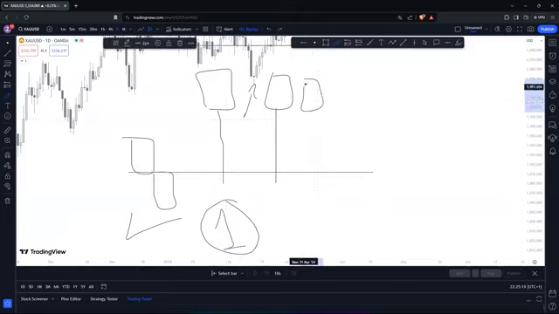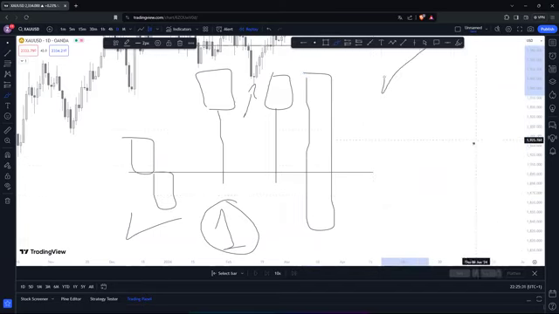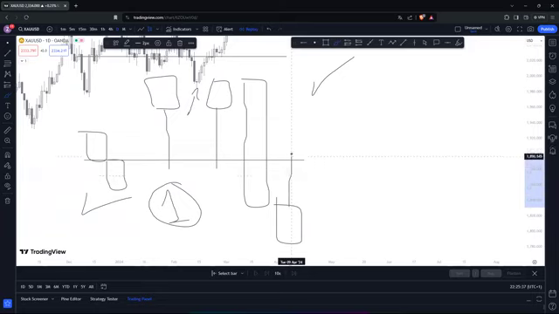Now, if price keeps just wicking it 100 times, it doesn't matter. It is unfresh, so we're not going to count any of that. But if price breaks it, the level became fresh again. So if we actually reject it right here when it is fresh, this one will count as a touch and a use.